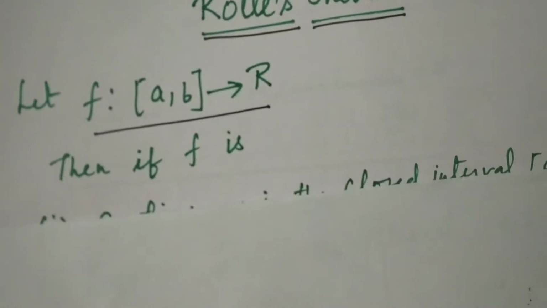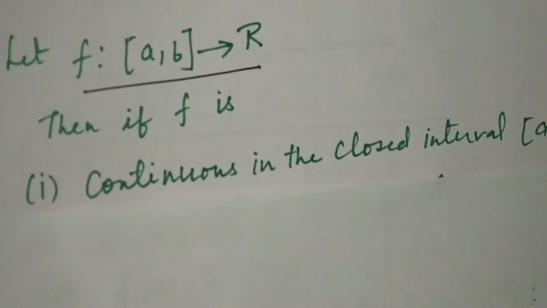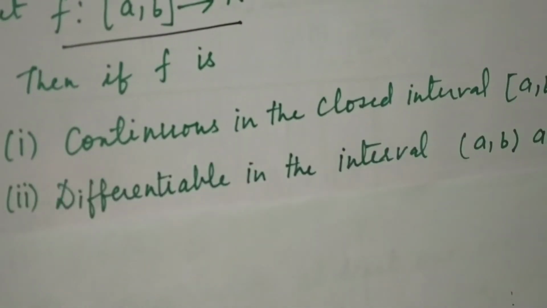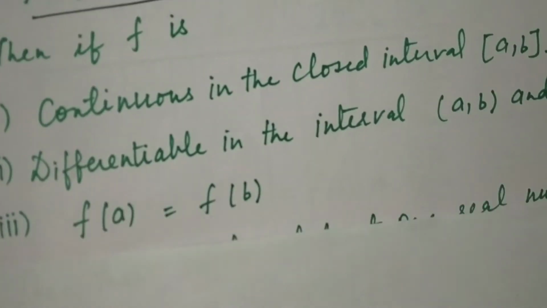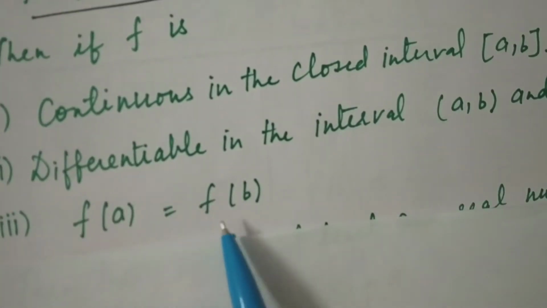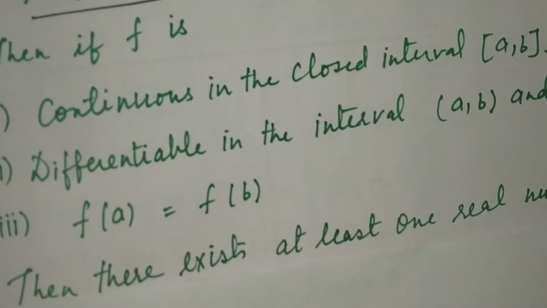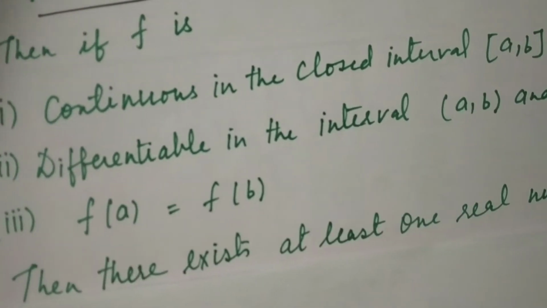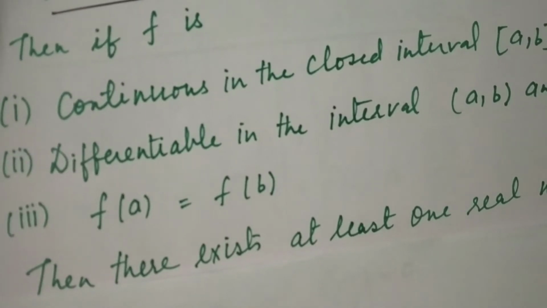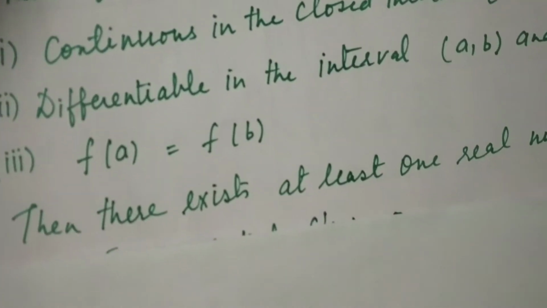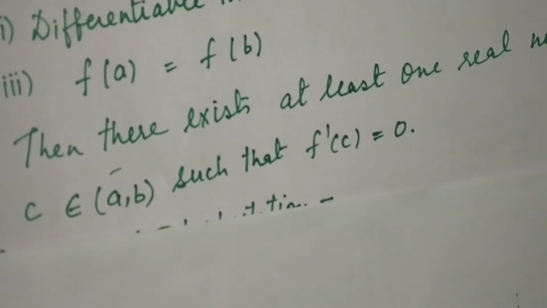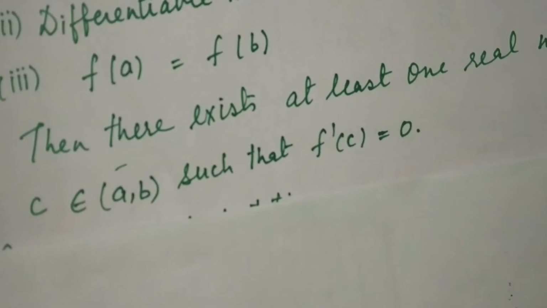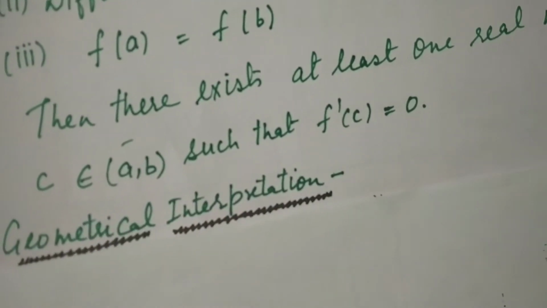Then, if first, f(x) is continuous in the closed interval [a, b], second, differentiable in the open interval (a, b), and third, f(a) equals f(b), that means the function's value at both endpoints of the interval is the same, then there exists at least one real number c lying in the open interval (a, b) such that f'(c) equals 0.